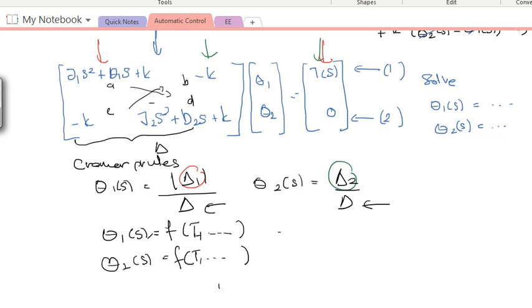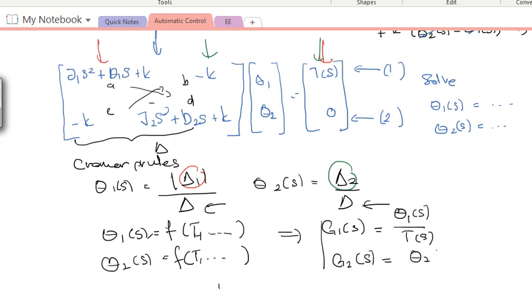So at the end, what you need to do is, let's say I call the first transfer function G1s, write down theta 1s over Ts. And you can also find the second transfer function G2s, which is theta 2s over Ts.